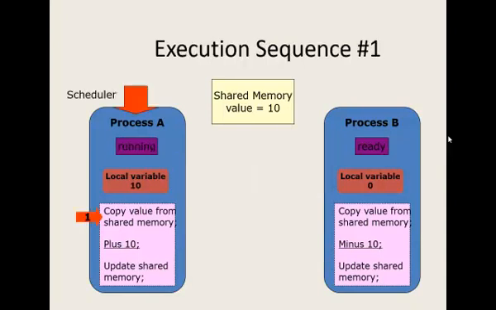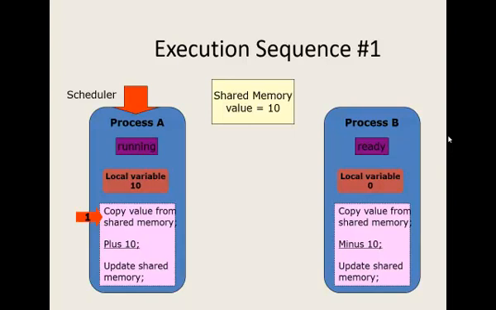As you know, we covered CPU scheduling in the last example. The CPU will start executing a process. After a while, the CPU can stop that process and give another process a chance to execute. That is called context switching. Here, first the scheduler will switch into process A and copy the variable.